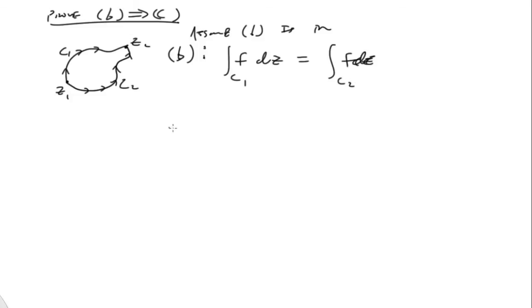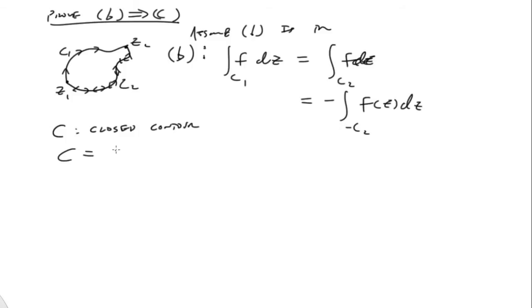Okay? But we also know this is also true. We can write this as the integral over negative C2. Negative C2, of course, is just going in the opposite direction, right? And we also know that if I take C as a closed contour, such that we can say that C is equal to C1 union minus C2, right?